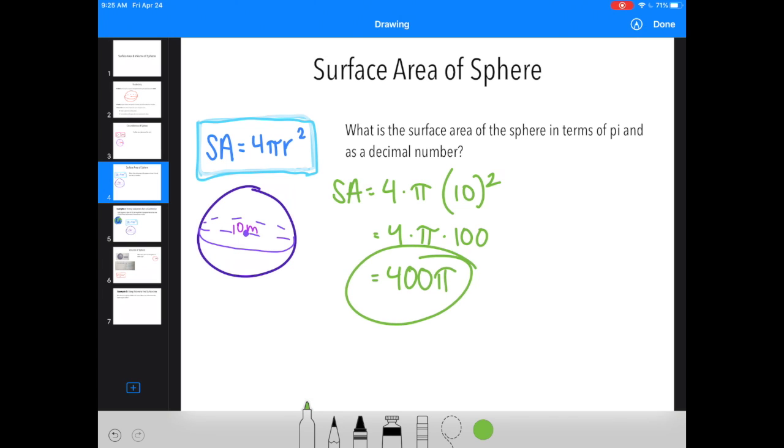Here would be my answer in terms of pi, but if I were wanting to find it in a decimal number, I would take 400 times pi, which gives me 1,256.64, if I were rounding to the hundredths, meters squared.